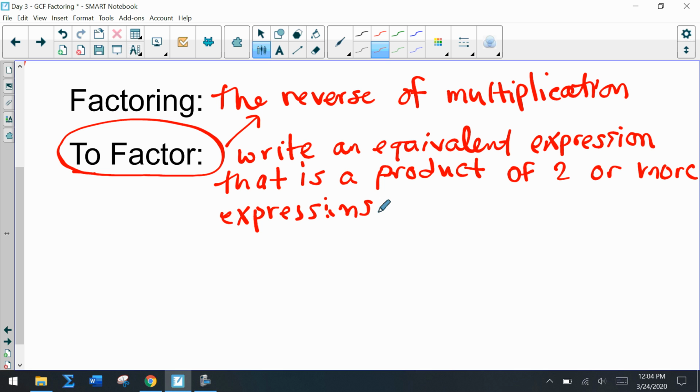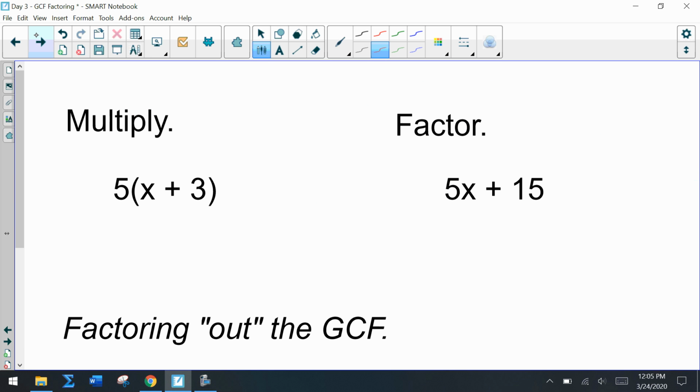Okay. So now we're going to practice all these different methods of factoring. There are going to be quite a variety, and that's what this unit will be. So today we're going to focus on factoring out the greatest common factor. So for this first example, I want you to write this down, 5 times x plus 3, and I want you to multiply.